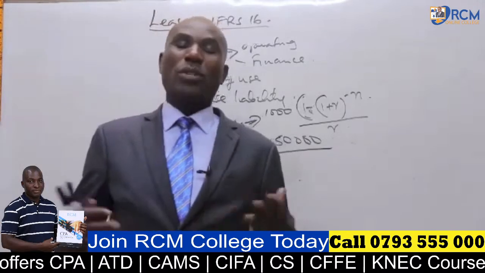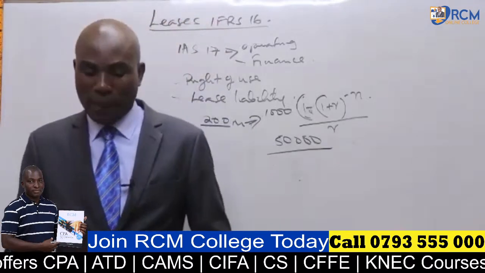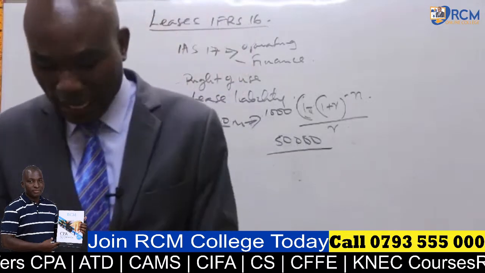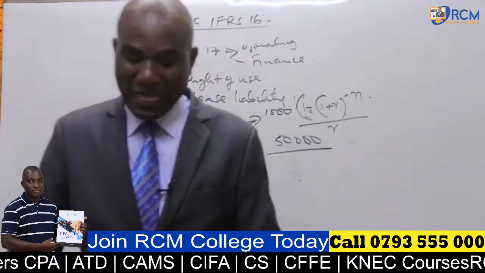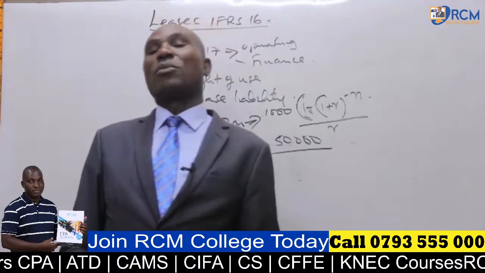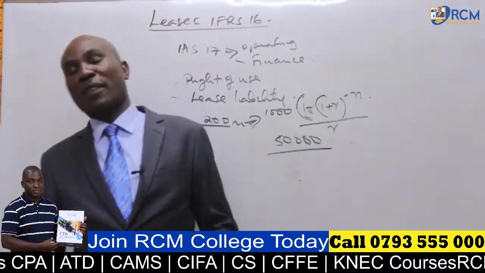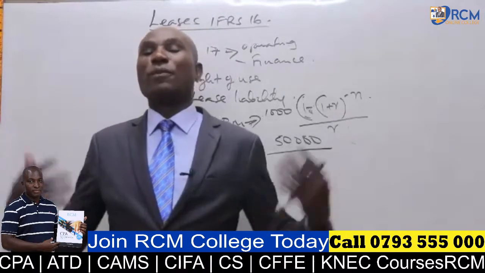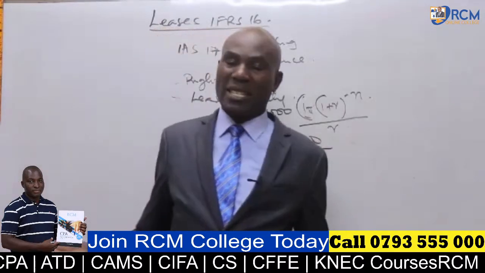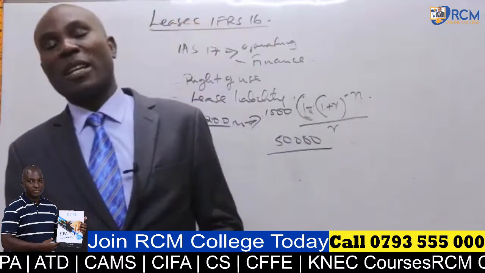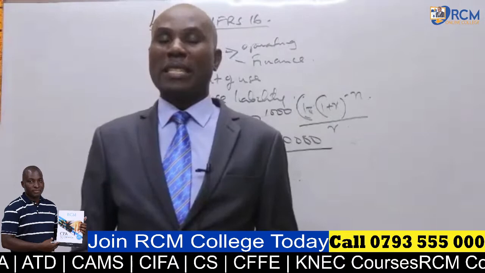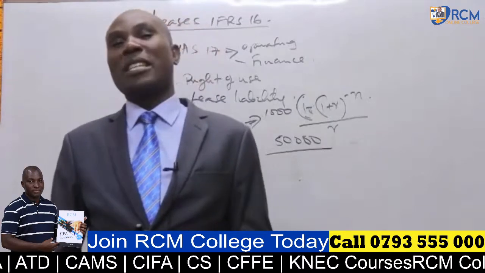Therefore, I was saying what constitutes the lease liability, then terminating the contract will attract that amount. Then any exercise price in the option. For example, I'm taking the asset for 5 years, and the useful life of the asset is 20 years. After 5 years, the asset still has a huge value.